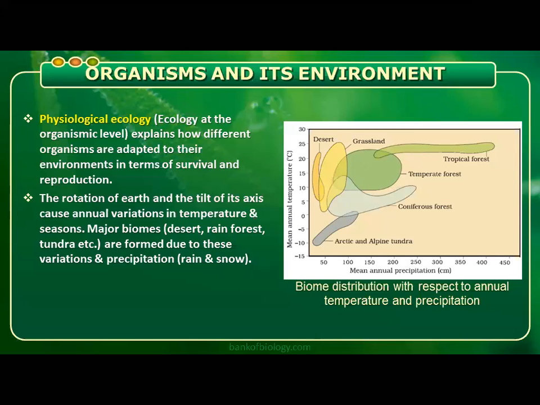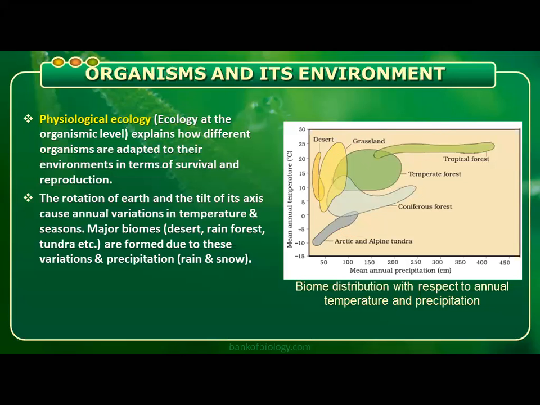The rotation of the Earth and the tilt of its axis cause annual variations in temperature and seasons. The major biomes like desert, rainforest and tundra are formed due to these variations in temperature and precipitation.